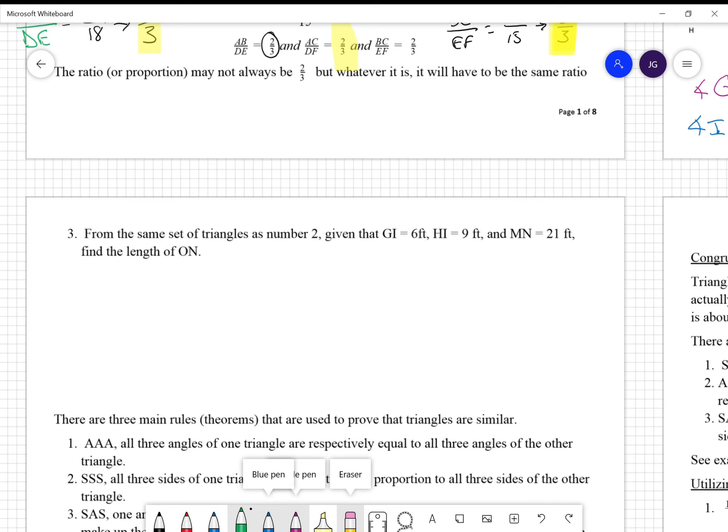From the same set of triangles, given that GI equals 6, and HI equals 9, and MN is 21, find ON.